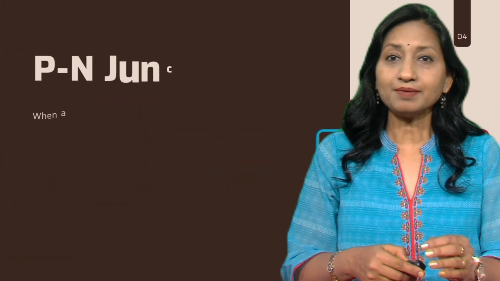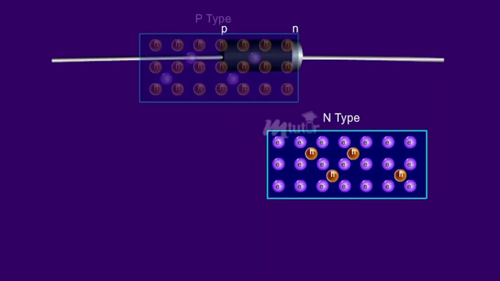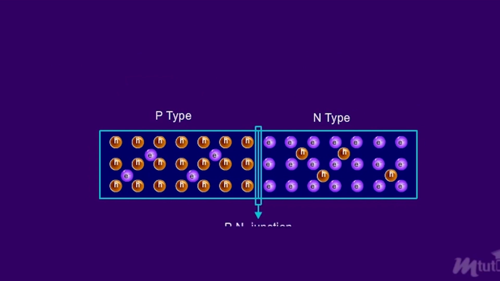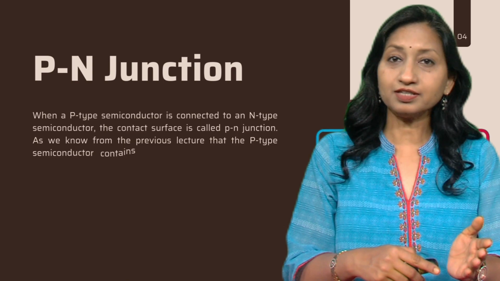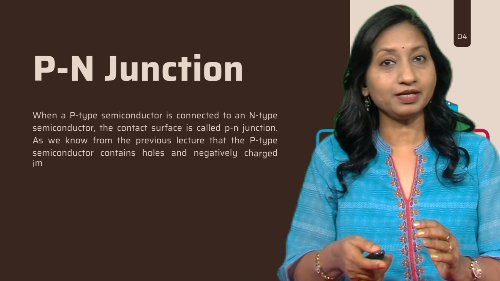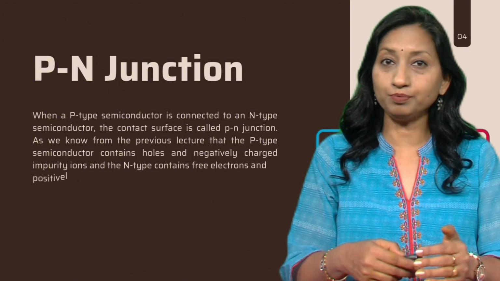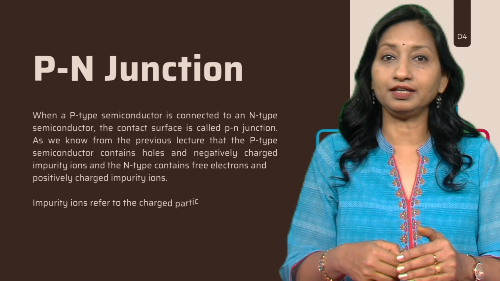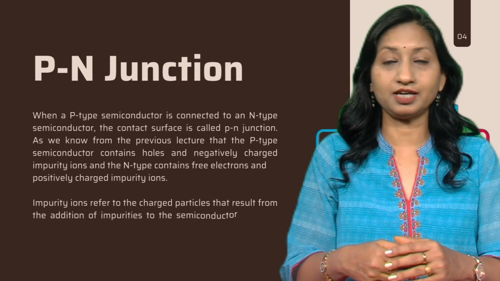When a P-type semiconductor material is connected to an N-type semiconductor, the contact surface is called a PN junction. As we know from the previous lecture, the P-type semiconductor contains holes and negatively charged impurity ions, and the N-type semiconductor contains free electrons and positively charged impurity ions.